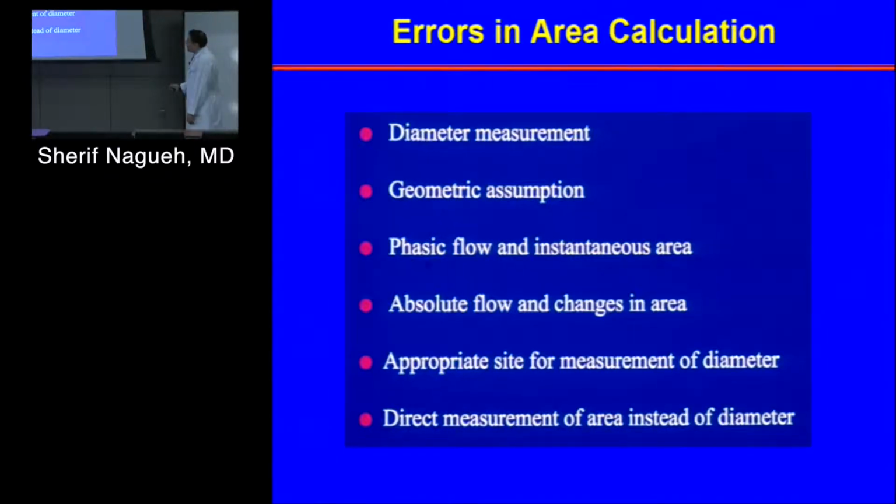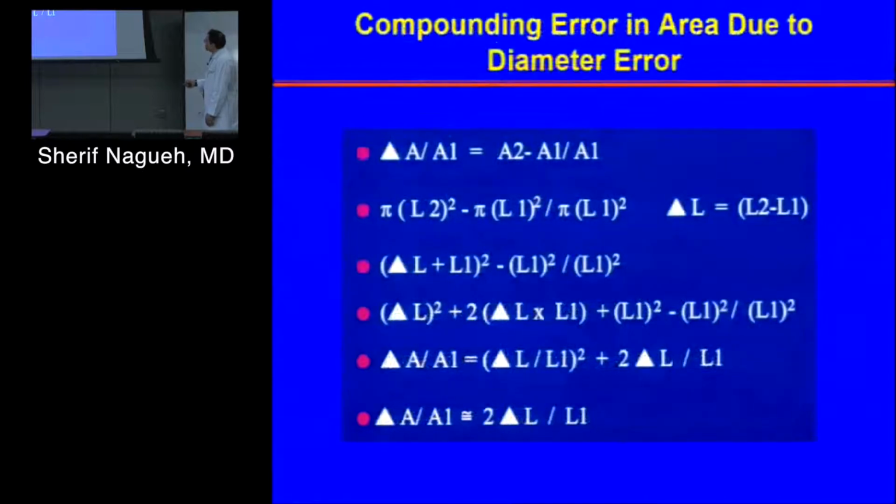And then there are some methods that would allow you, instead of dealing with diameter and then converting diameter to area, to say, let's just get the area measurement. And of course, if I measure the area wrong, if I planimeter it wrong, if the image is challenging, then that also can be error. So a famous question is being asked here, which is, if you have an error in diameter, what does that translate to in an error in area?